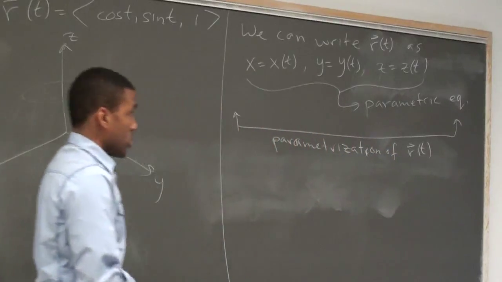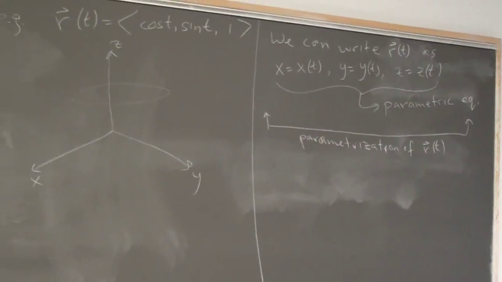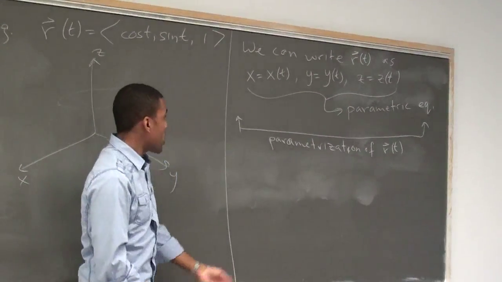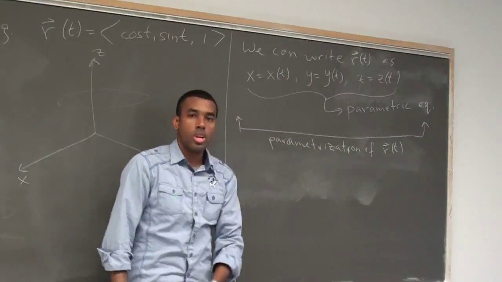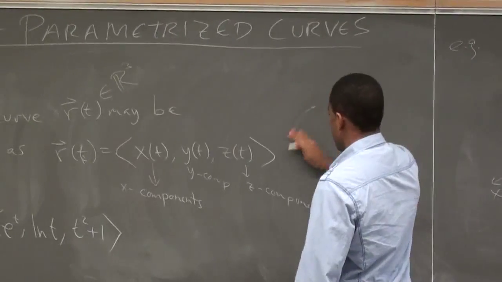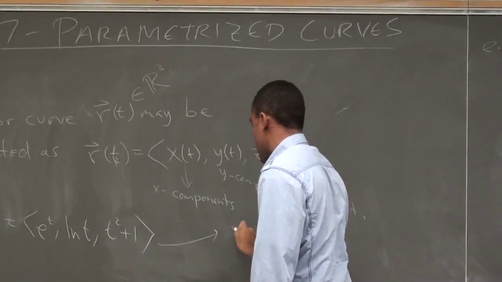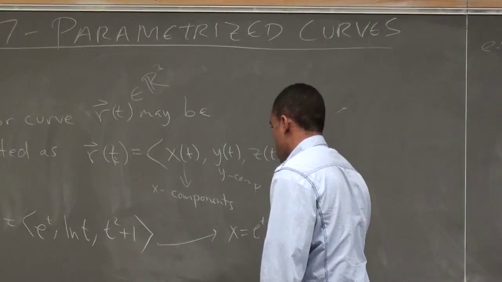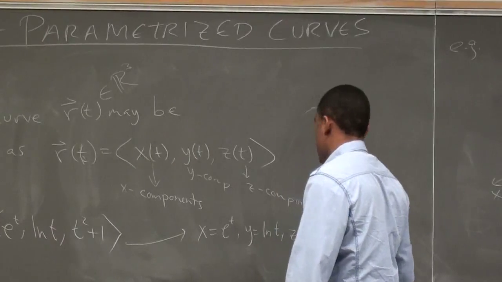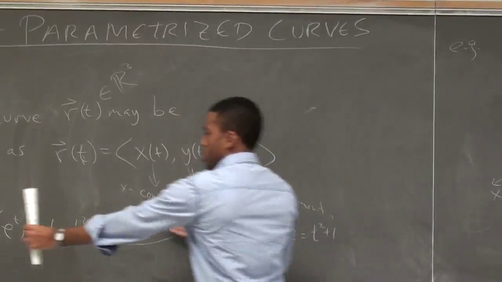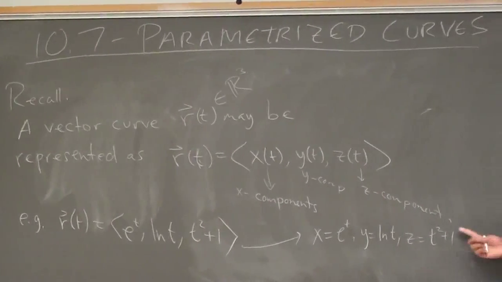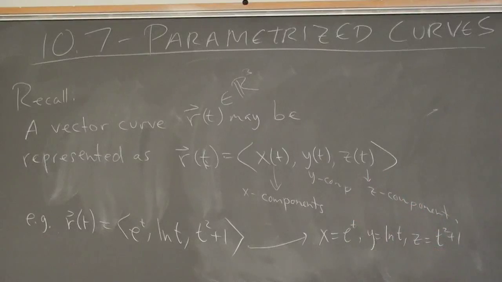So when you say you're making a parametrized curve or parametrization of a curve, you're just talking about expressing that curve as parametric equations, where you just give us separate equations each for x, y, and z. So here, I could parametrize this and just write it as x equals e to the t, y equals ln t, z equals t squared plus 1, right? And if I give you this or this, they mean the same thing. It's just a different form. This is called the parametric form because you use parametric equations. Okay?